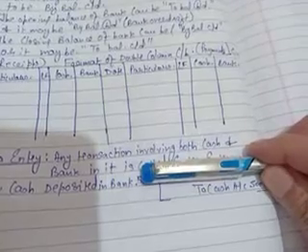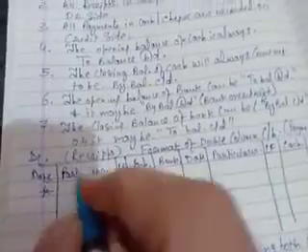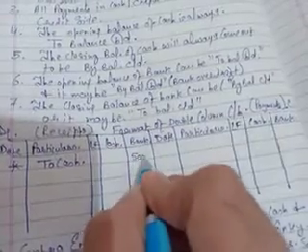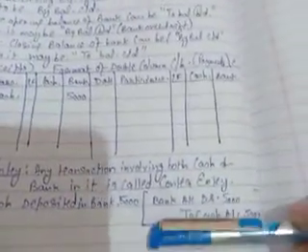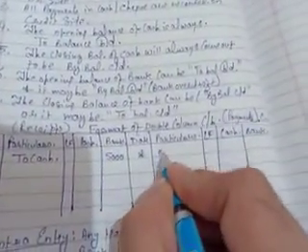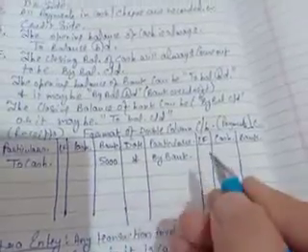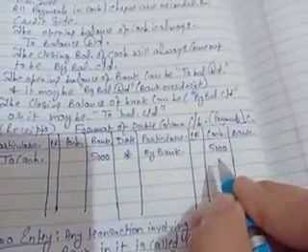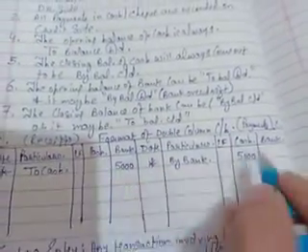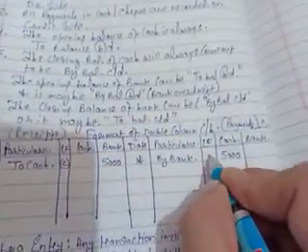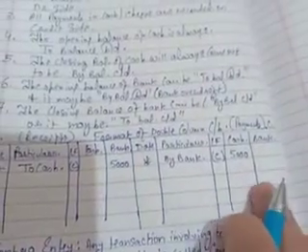For bank we will write to cash, and the amount will come in the bank column, 5,000. And for cash we will write by bank, and the amount will be written in the cash column, 5,000. And in the ledger folio column, on both, whenever we post a contra entry, we will write the alphabet C in the ledger folio column.